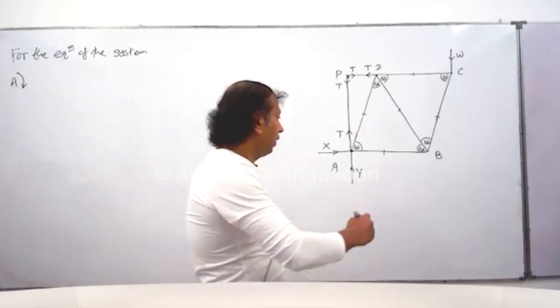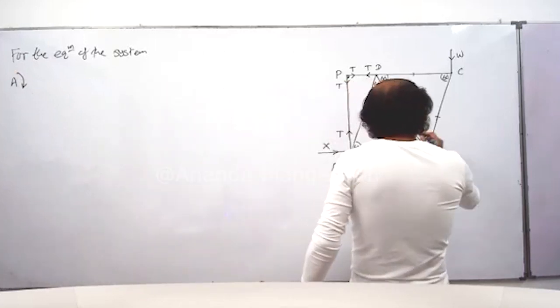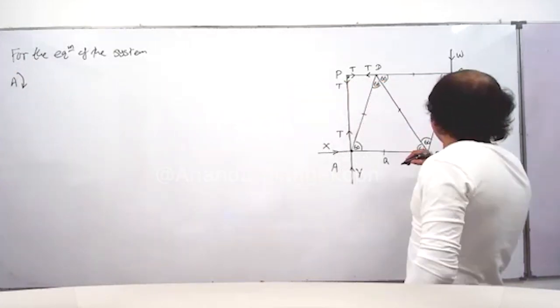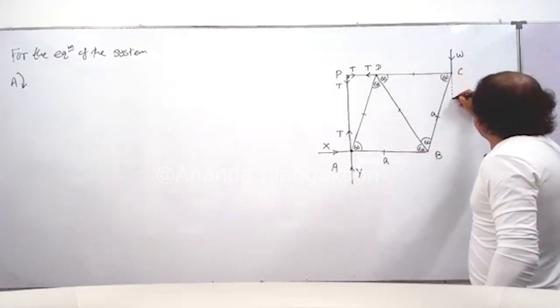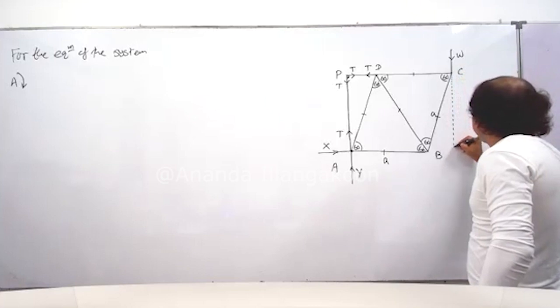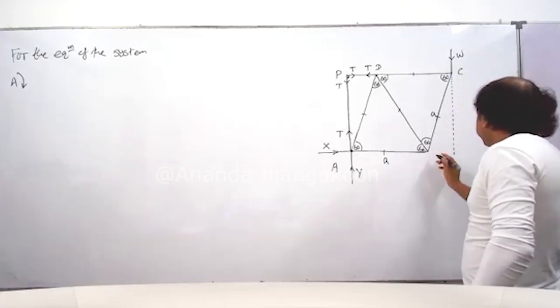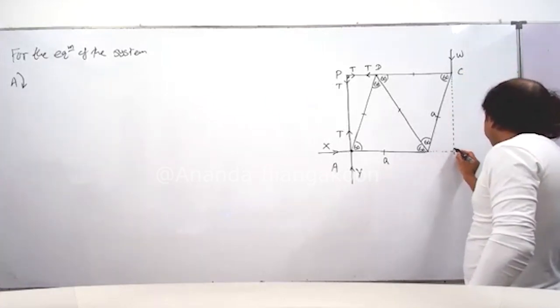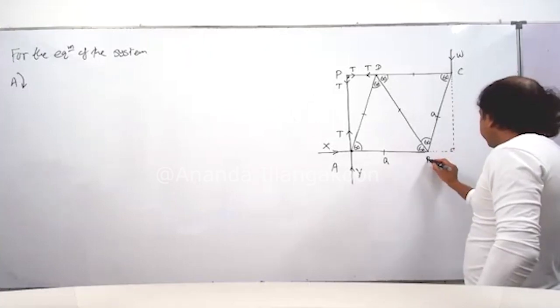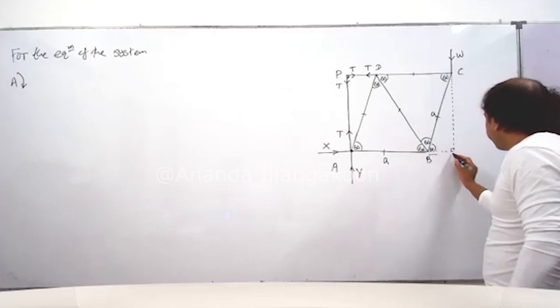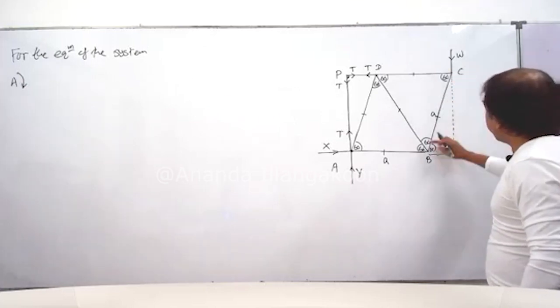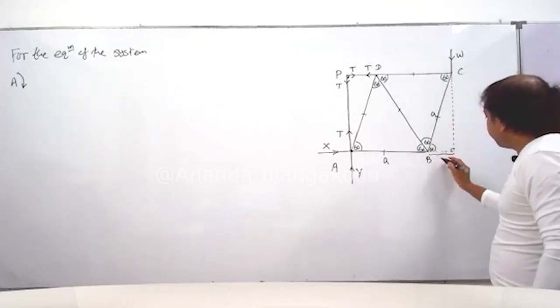I'll take this length as simply the length of a rod, a. When I produce this line of action of weight W like this, this also is 60. So what is this length? This is a, this is 60, therefore this length is a cos 60.